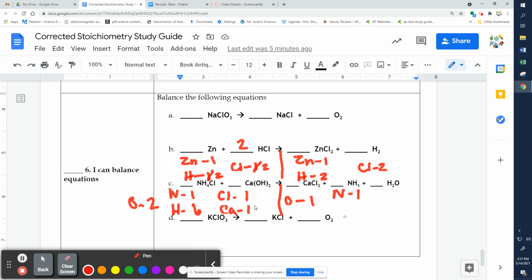For my nitrogen, I have 1. Hydrogens, I have 5. Calciums, I have 1. Chlorines, I have 2. First thing I notice is that my chlorine is different, so I'm going to go ahead and put a 2 here. That makes my chlorine the same. Changes my nitrogen to a 2. Changes my hydrogen to a 10.